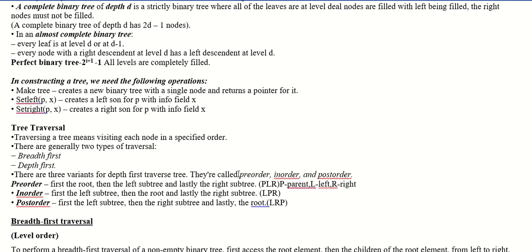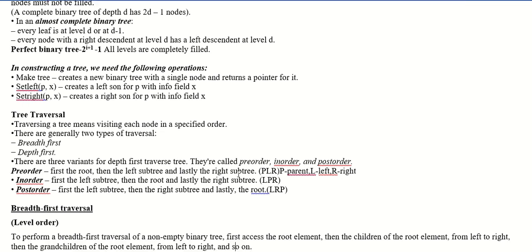Then we have setleft(p, x). Then we create a left son for p with info field x, so you find that p is a pointer. Then setright(p, x), we create a right son for p with info x.